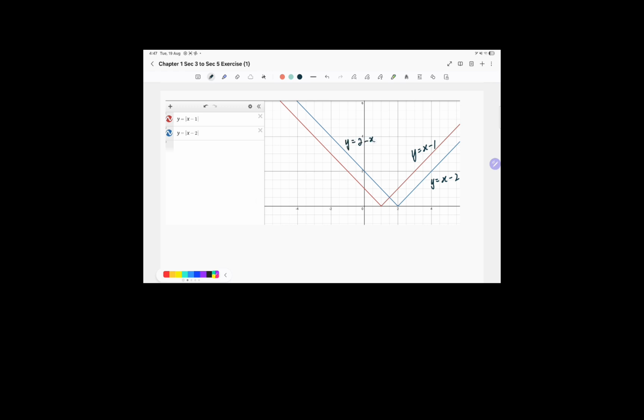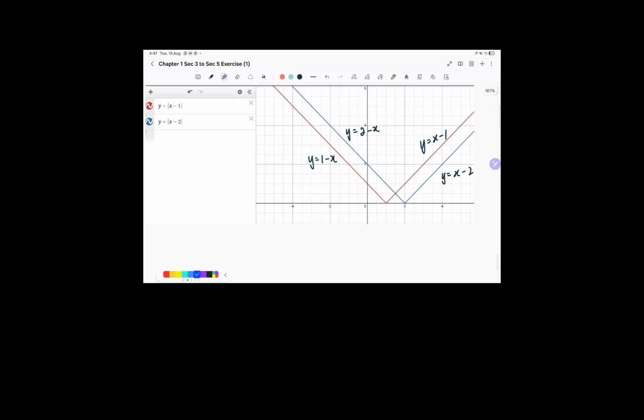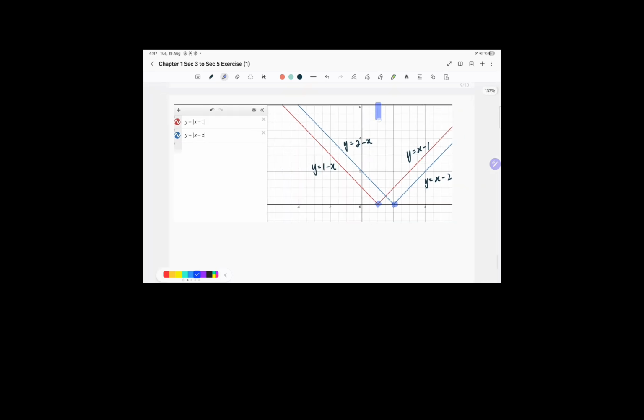This is 2 minus x. This is 1 minus x. Okay, we label first. And then we look at the point where the reflection happened. The reflection happened here and here, right? So I will separate the region of the graph vertically like this.